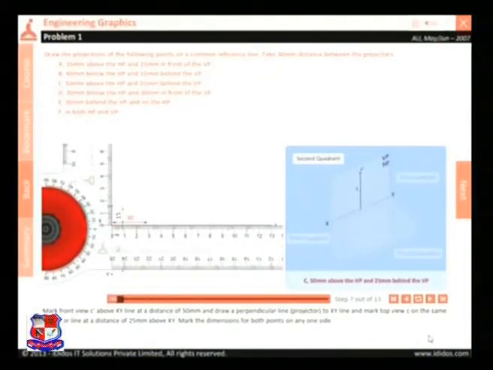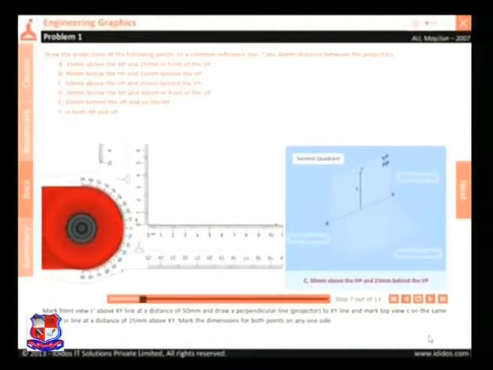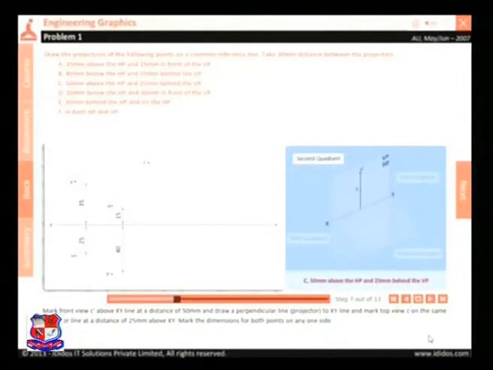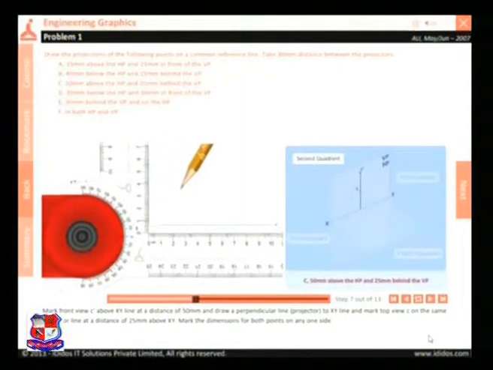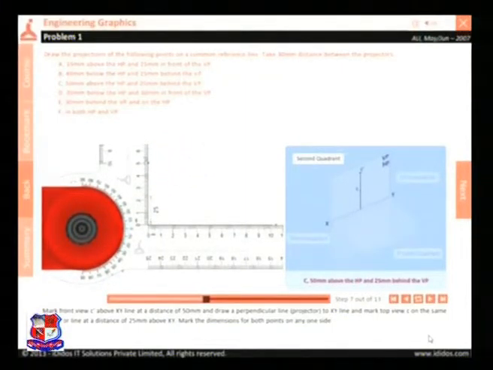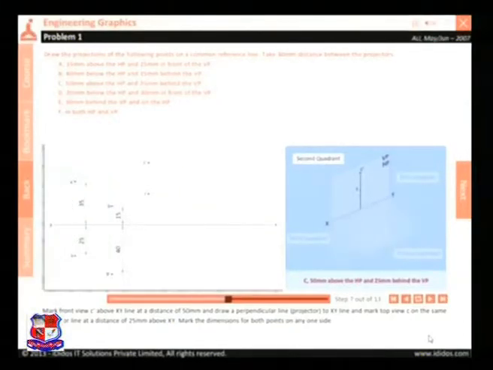Mark front view C' above the XY line at a distance of 50 mm and draw a perpendicular projector line to the XY line, and mark top view C on the same projector line at a distance of 25 mm above XY. Mark the dimensions for both points on any one side.